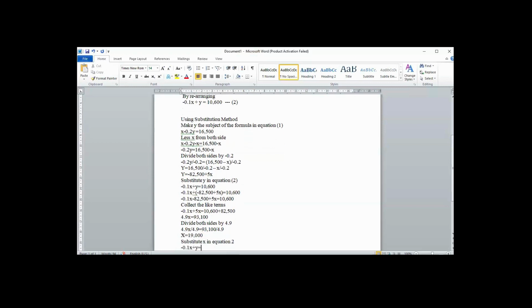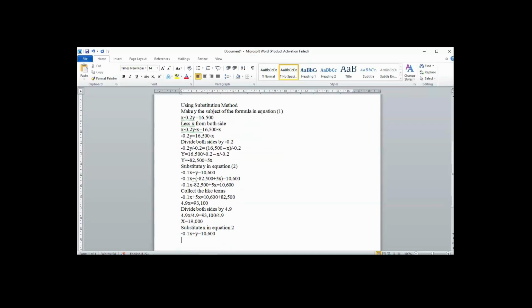Now, what is our x? The value of x we substituted in the equation, which we have minus 0.1 into bracket of 19,000 plus y, close the bracket, equals 10,600.